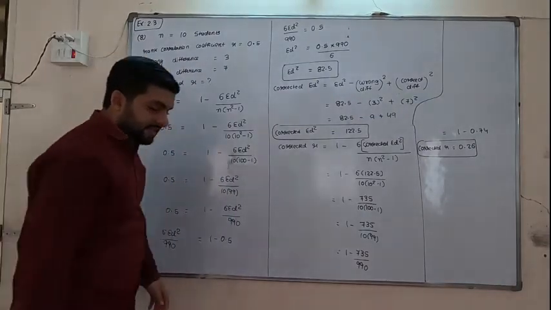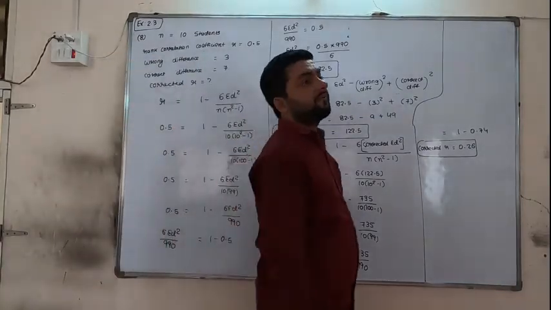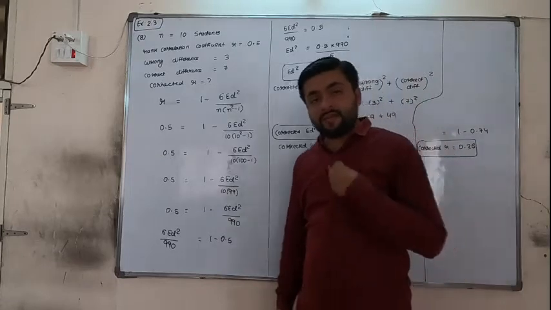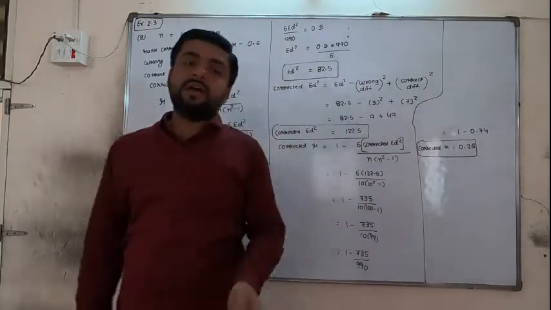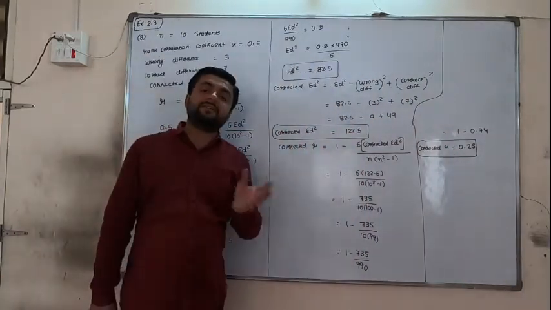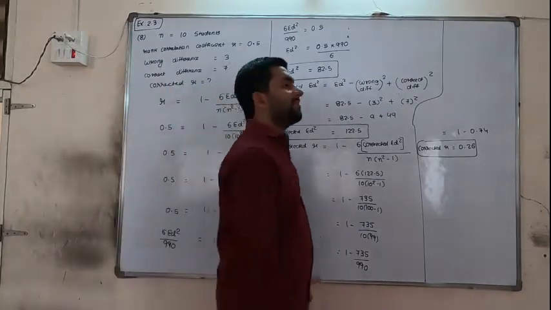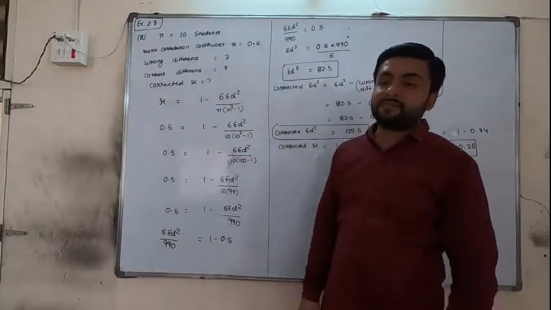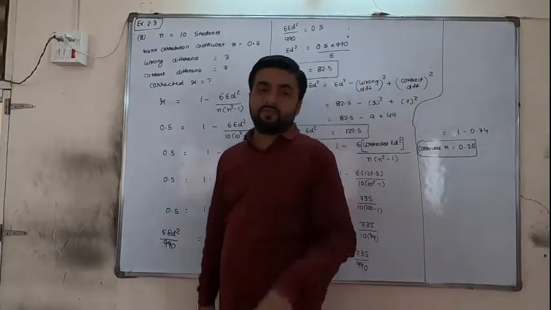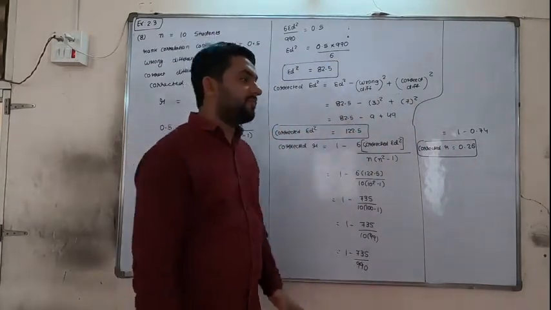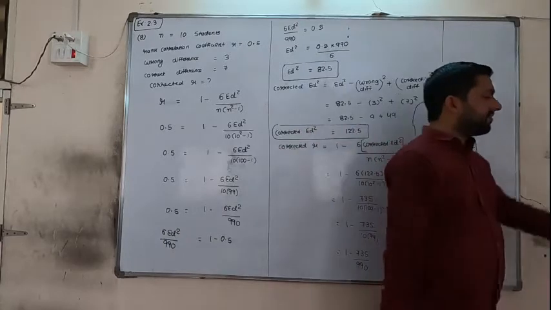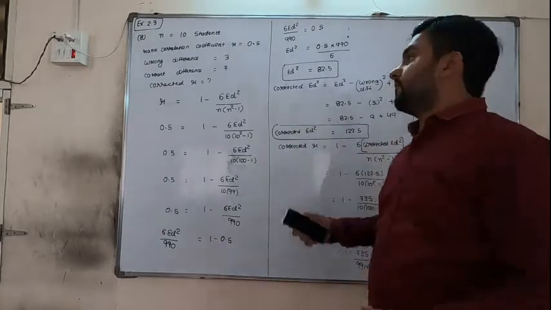So friends, in exercise 2, sums 3, 4, 5, 6, the sums in which we have to give the ranks are ignored, and the ranks which are directly given, that is sum number 1 and 2, we have solved, plus the small sums, that is 7 and 8, we have solved. Now friends, we are going to start exercise 2 now. Some of the small sums we will do and some of the sums which are to be ignored I will tell you. Okay, so going for exercise 2.